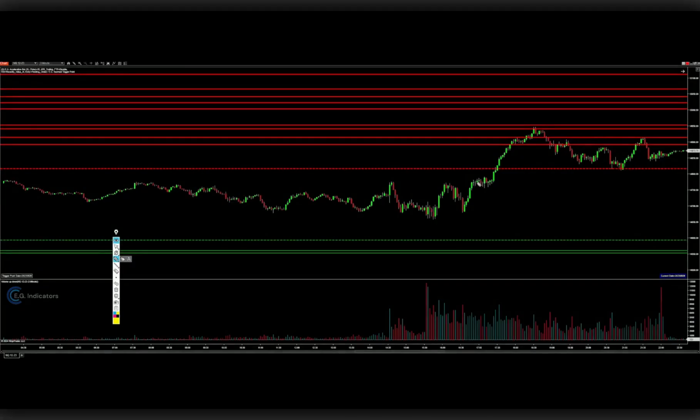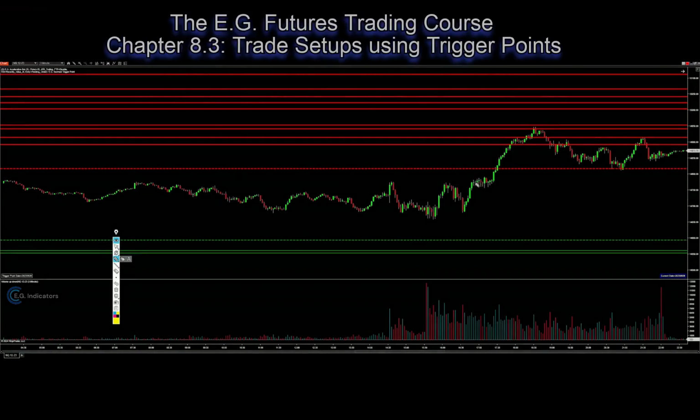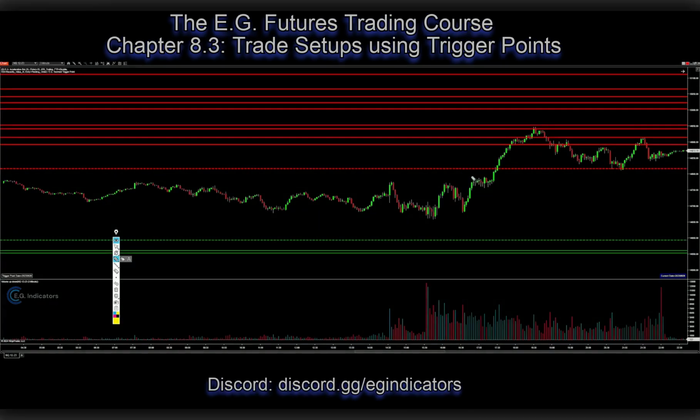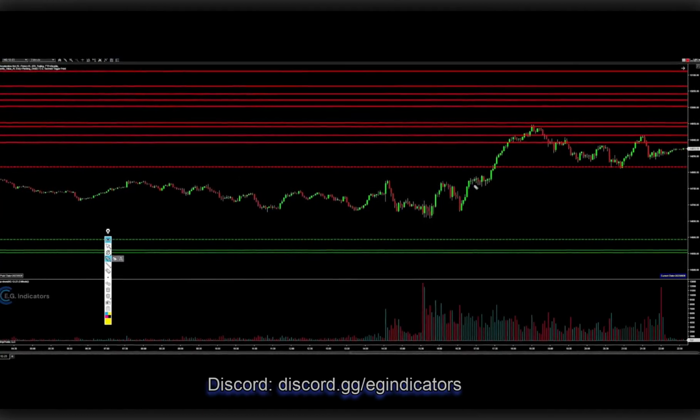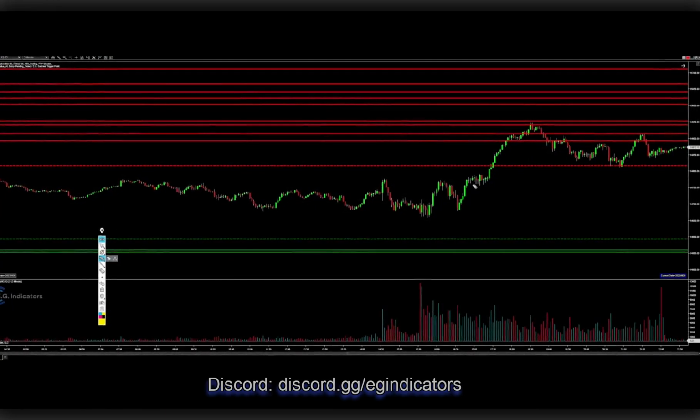About an hour and a half after the market opens, we get this area of consolidation, which we've seen time and time again. This is a flag pattern, which we're going to discuss in the next section in terms of common trading setups. We're on the 3 minute on NQ.